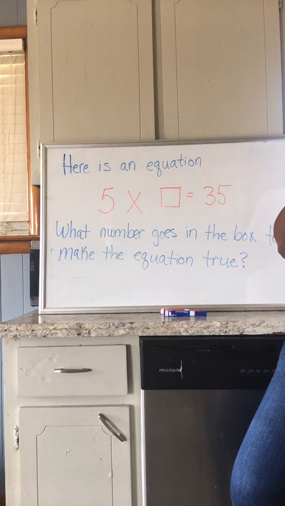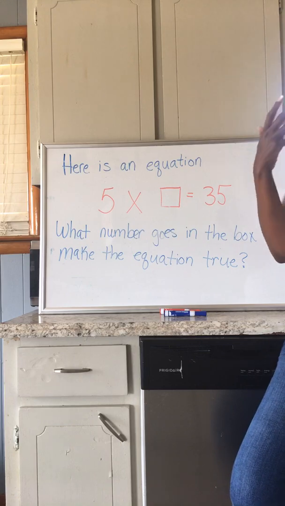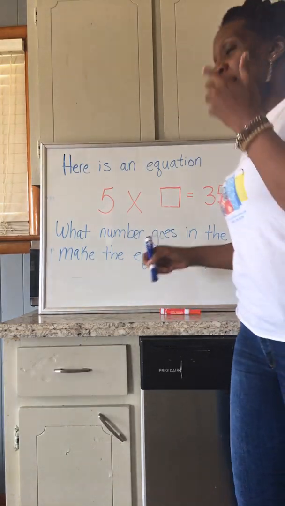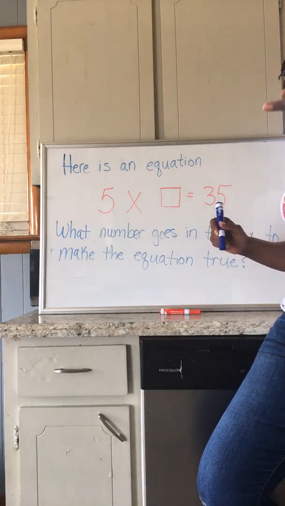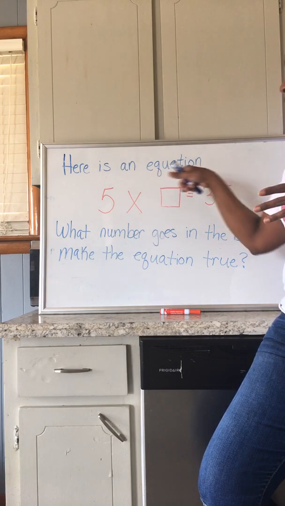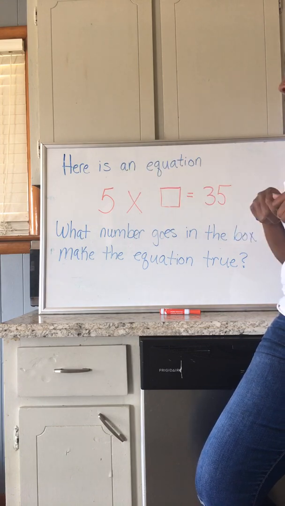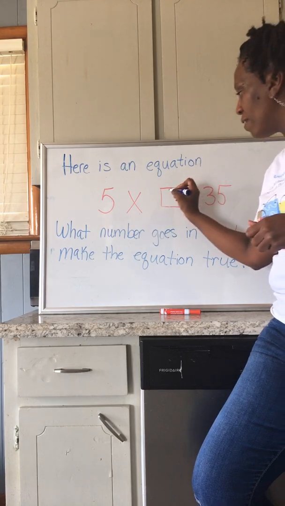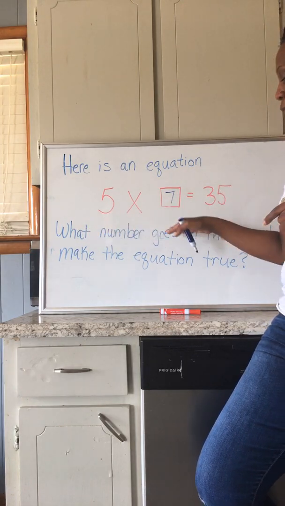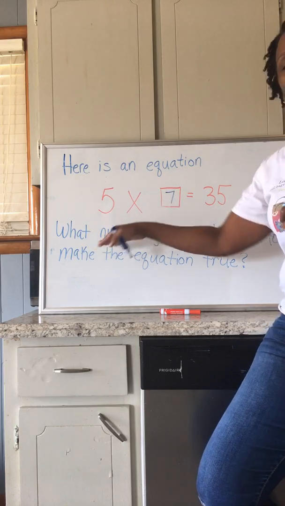I know that 5 goes into 35, or 5 is a factor of 35, or if I do something to the 5 enough times, I can get 35. That's where multiplication and division, those polarities, come in. I can count 5, 10, 15, 20, 25, 30, 35 and know that's 7, or I can say 35 divided by what number equals 5, and that still gives me 7. So inside my box I will put the 7, because the question asks, what number goes in the box to make the equation true?